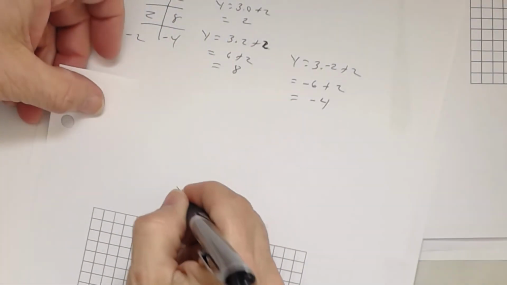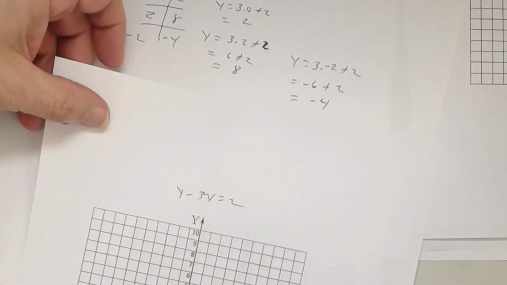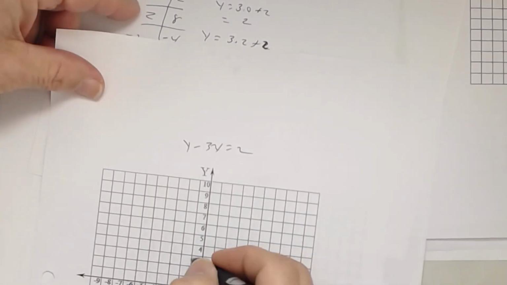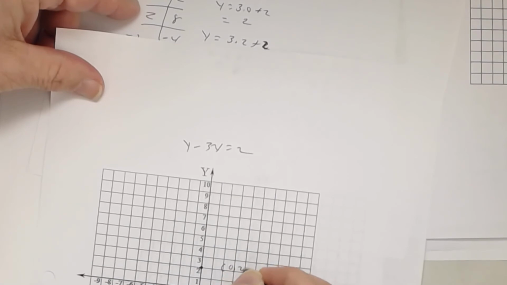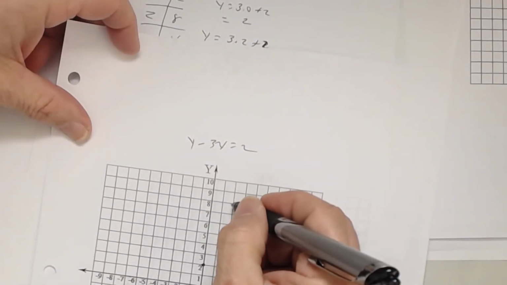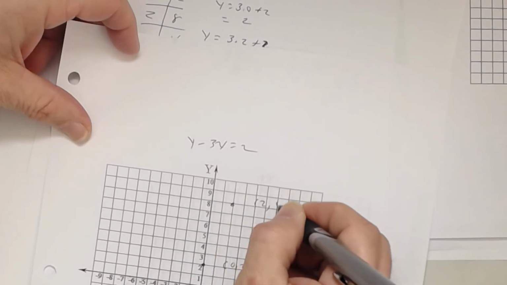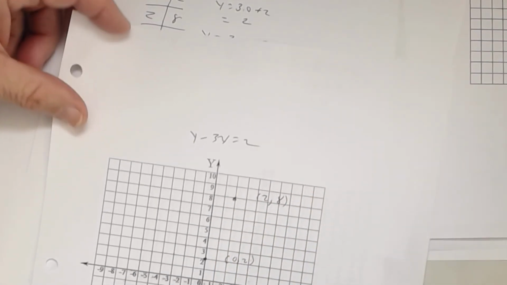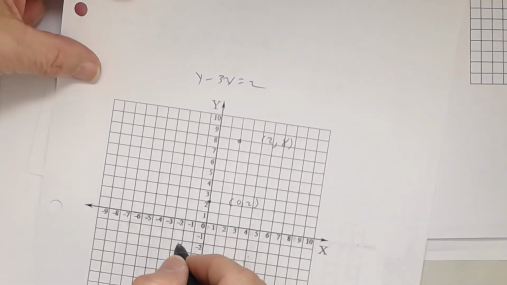So this is going to be y minus 3x equal 2. And so 0, 2 is located here. 2, 8 is here. So that's in the first quadrant, 2, 8. And then negative 2, negative 4 is in the third quadrant, so that's here.